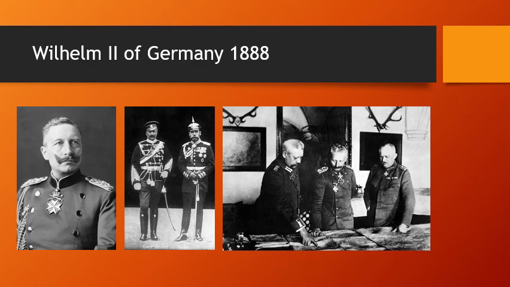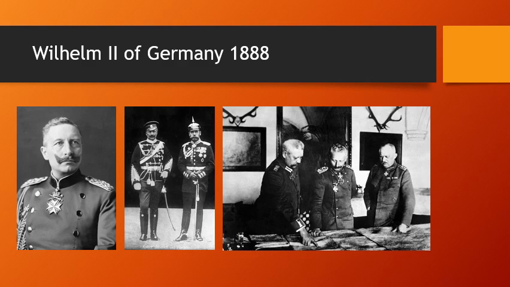On the European stage by 1888, a new figure emerges, which is Kaiser Wilhelm II of Germany. Now, he is very interesting as we move to the start of the First World War, and in the central picture, he's seen with the Russian Emperor Nicholas II.